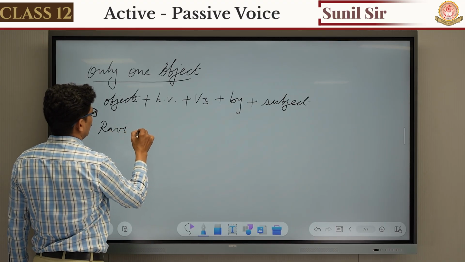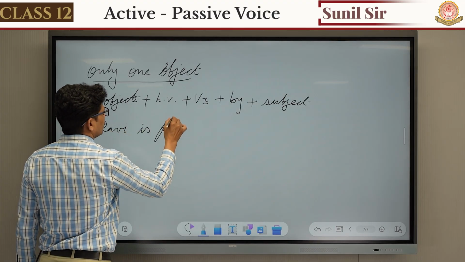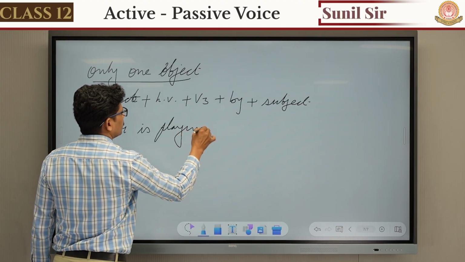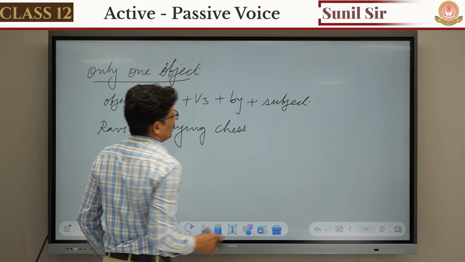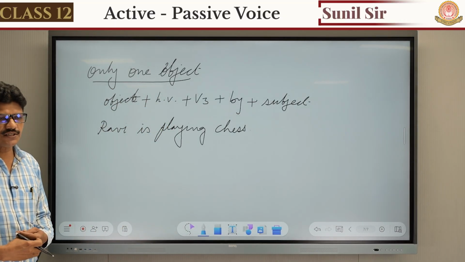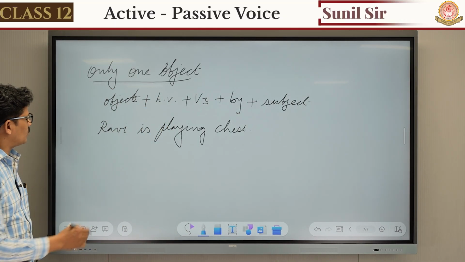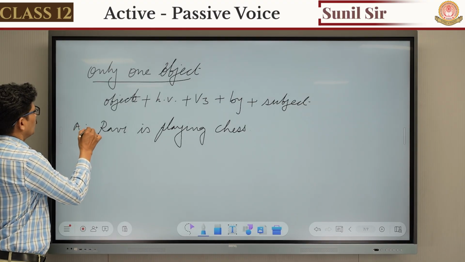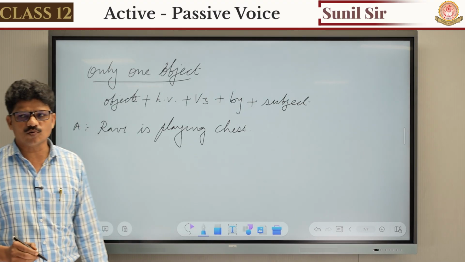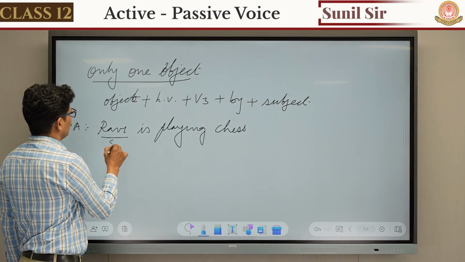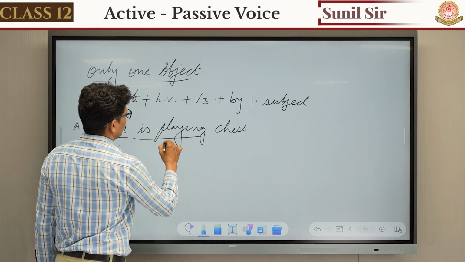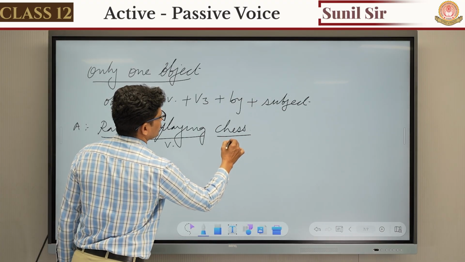Ravi is playing chess. Now our first step is to change active into passive, that is we have to divide the sentence into main 3 parts, that is subject, verb and object. So Ravi is subject, is playing is verb and chess is object.